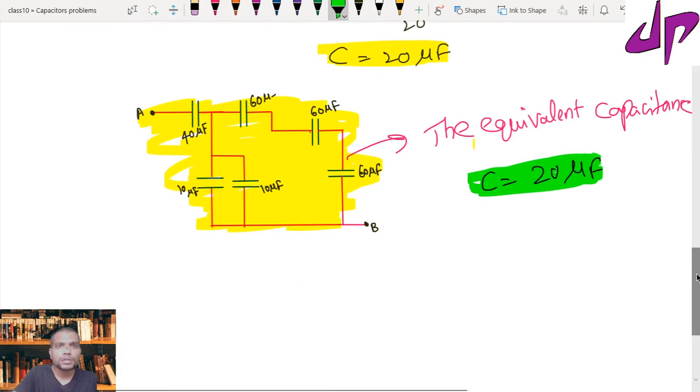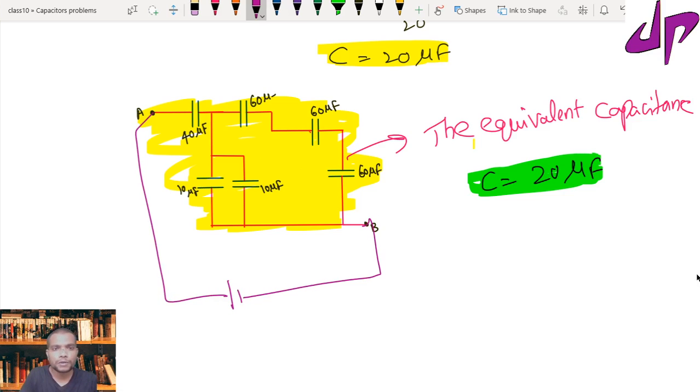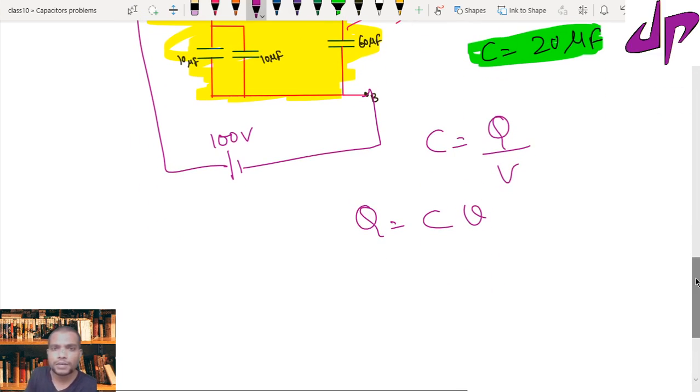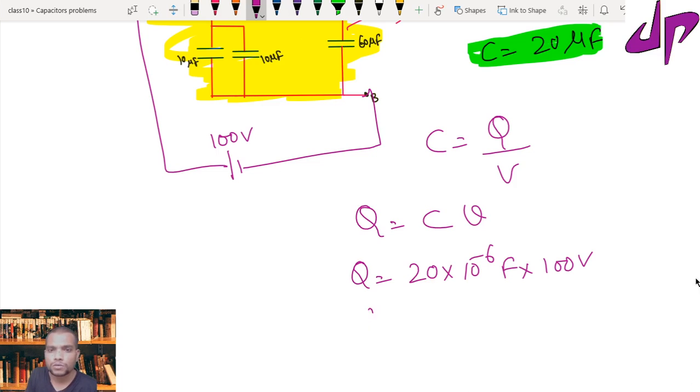Since we know the capacitance C equals Q upon V, the total charge Q equals CV. Capacitance is given, therefore Q equals 20 times 10 power minus 6 farad times potential V equal to 100 volt.